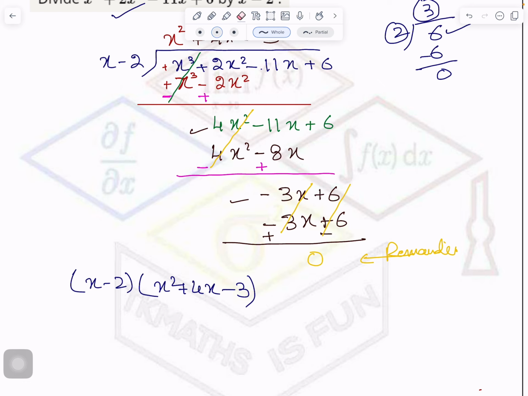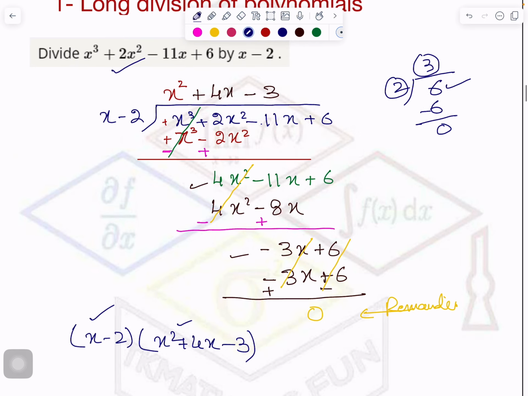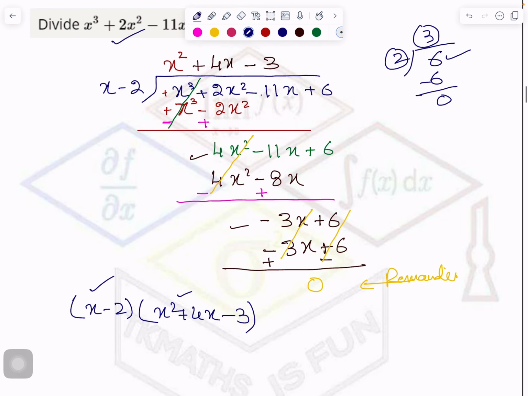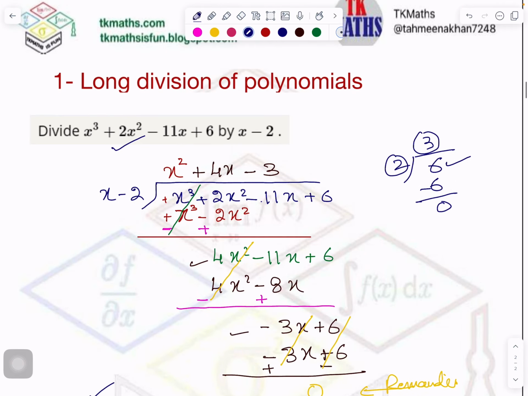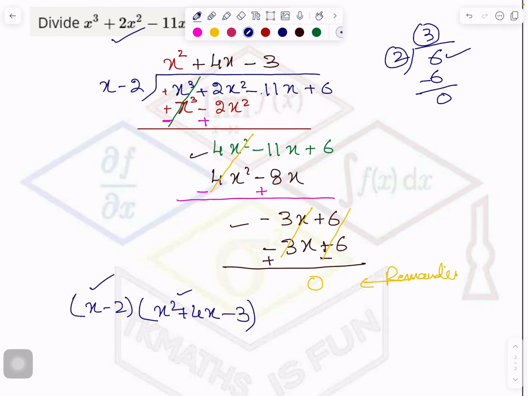So I got the information that x minus 2 and x square plus 4x minus 3 are the factors of the polynomial of x cube. Now one thing is very important here. If you see, this 6 is equal to 2 multiplied by 3. 6 is your dividend, 2 is your divisor, 3 is your quotient, plus 0, which is the remainder.